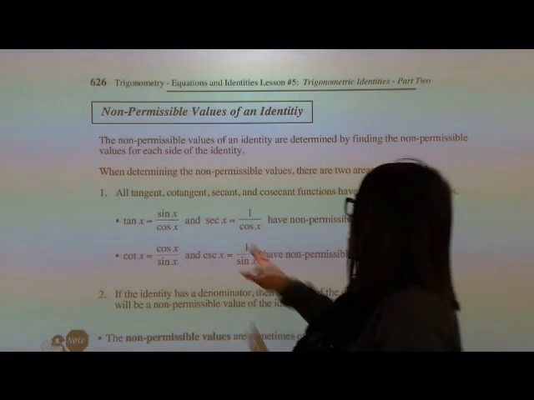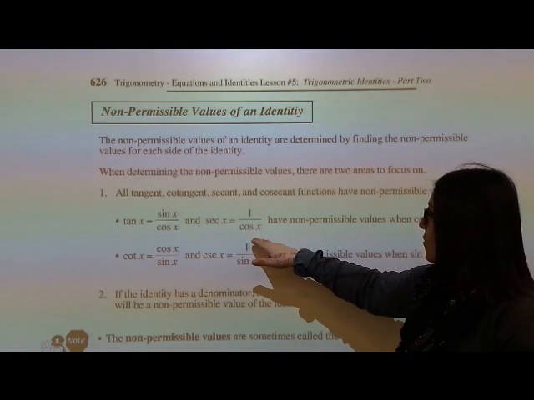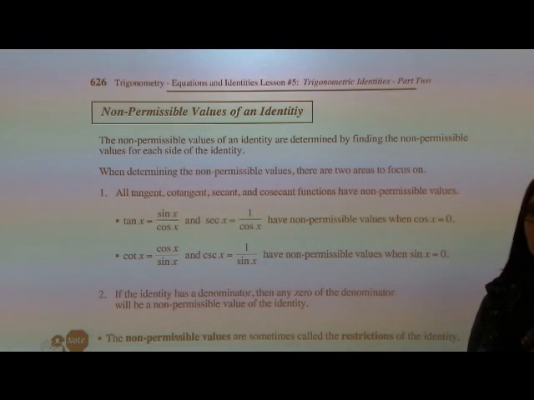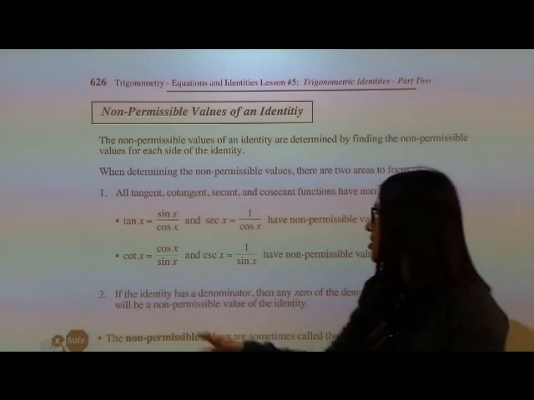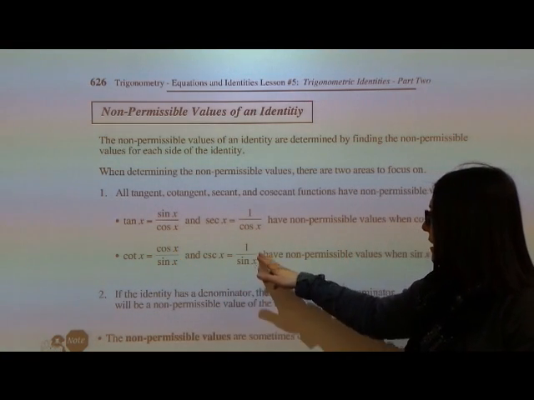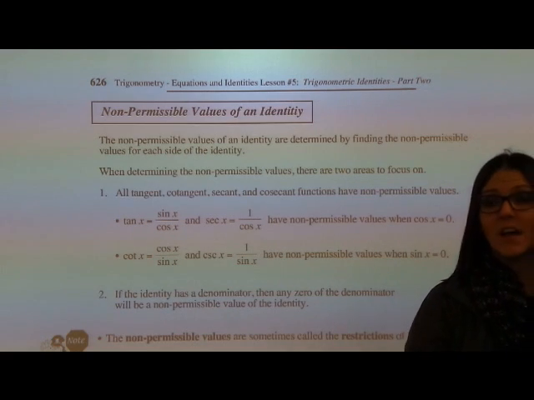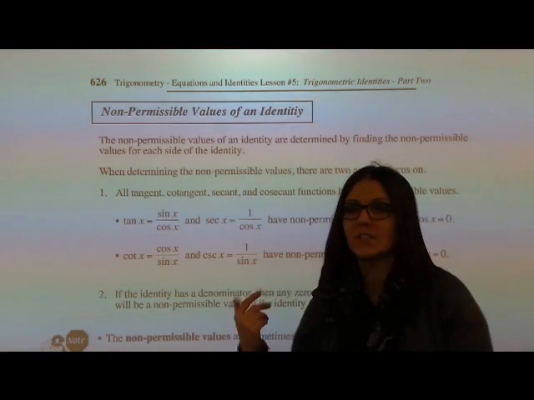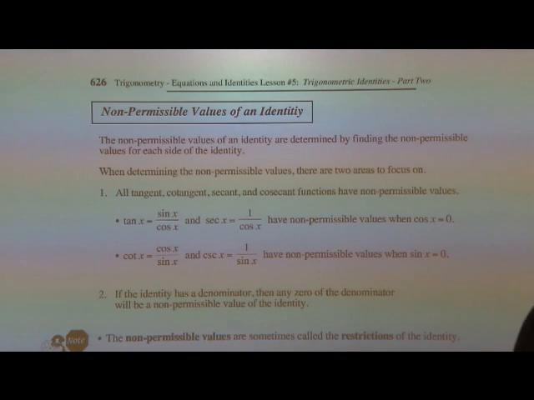Tan can be written as sine over cos. Secant is 1 over cos. Their non-permissible values are whenever cos is equal to 0. Cotangent, which is cos over sine, and cosecant, which is 1 over sine, whenever sine is equal to 0, I have a denominator that's equal to 0.